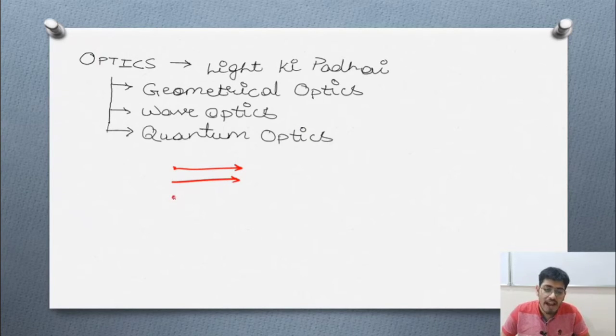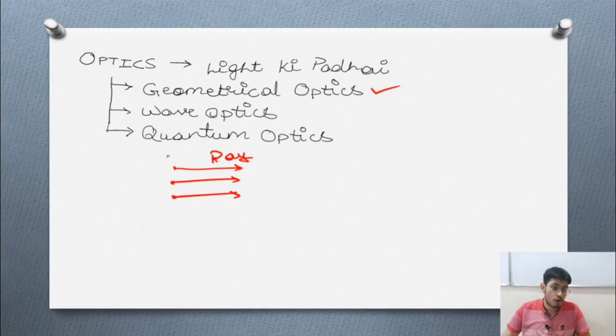If we consider light to be traveling in a straight line, and we are tracing the behavior of light, considering it as a ray, then this comes under geometrical optics. Whatever we are going to study in this particular chapter, we are going to study only about geometrical optics.